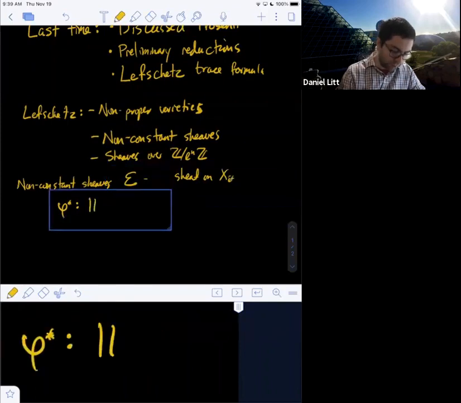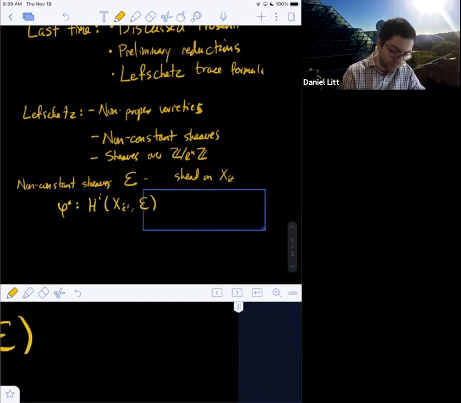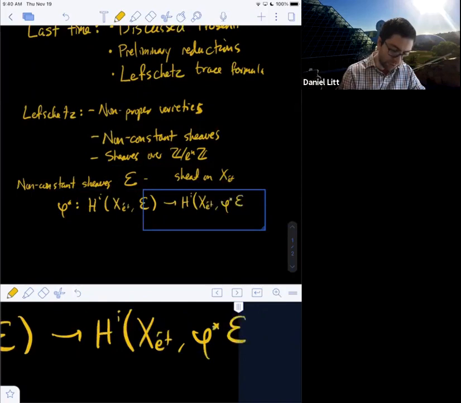So one gets by functoriality a map from H^i of X étale with coefficients in E to H^i of X étale with coefficients in phi upper star of E.